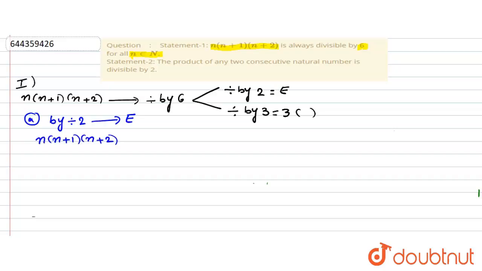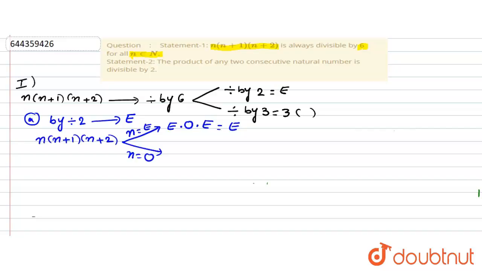For every natural number, there are only two possibilities: it can be either even or odd. If n is even, then n will be even, n plus 1 odd, n plus 2 again even. The product of even into odd into even is again even. So I am getting an even number.